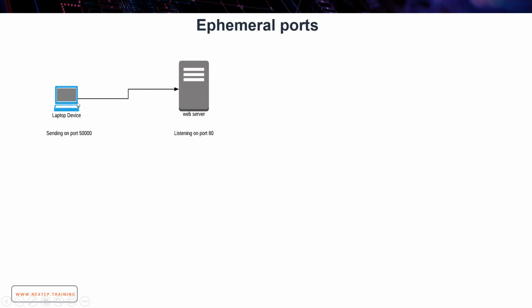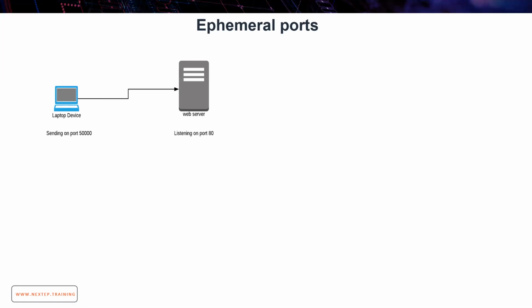So what I want you to understand here is that when this guy sends the request, it doesn't use the same port as your web server. If this guy has a web server, some Apache running here, listening on port 80, that's different. But here, every single request coming from this laptop device or your iPhones or any of their Apple TVs, they will open up an ephemeral port, a temporary port, a short-lived port.